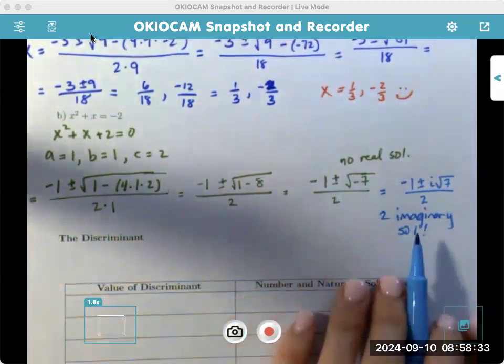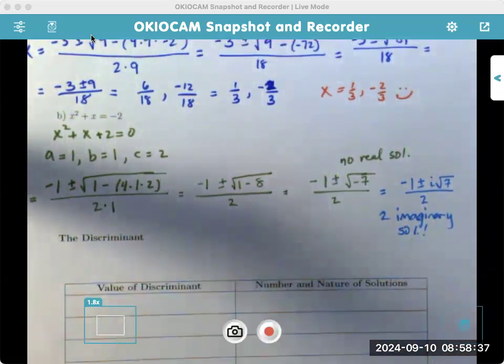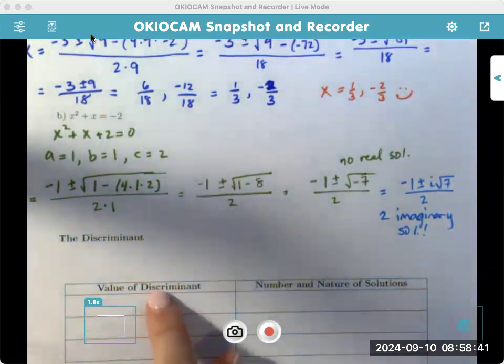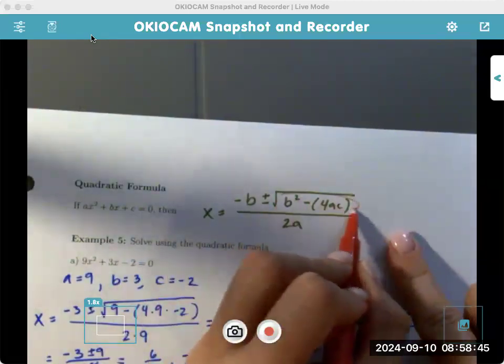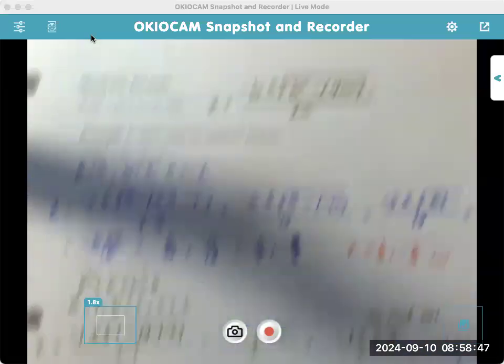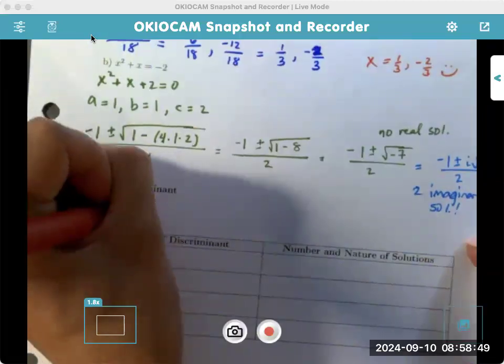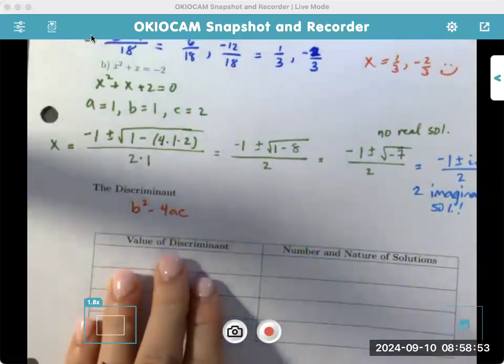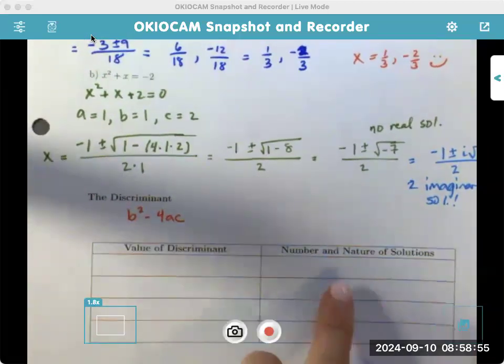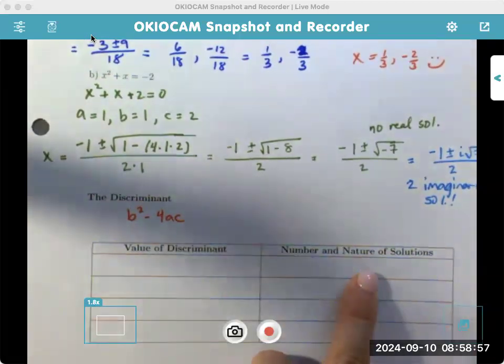So 0 real versus 2 imaginary solutions, which brings us to the discriminant. The discriminant is the part underneath the square root in the quadratic formula. So the discriminant is b squared minus 4ac. Because it's under the square root, it tells us the number and nature of solutions.